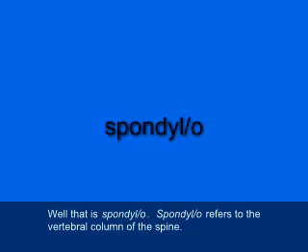Okay, now, what is the combining form for the spine or the vertebrae composing the spinal column? Well, that's spondylo, S-P-O-N-D-Y-L/O. Spondylo refers to the vertebral column of the spine.